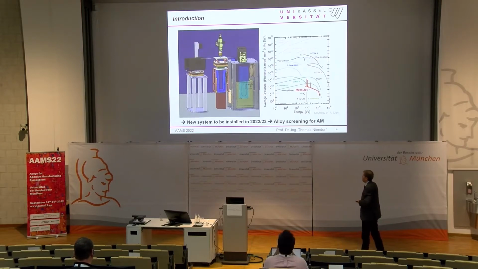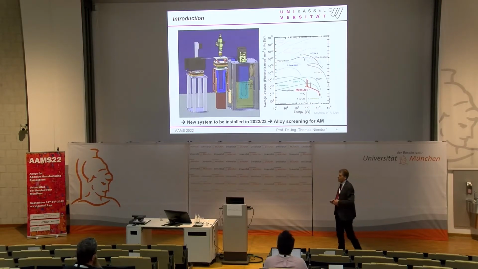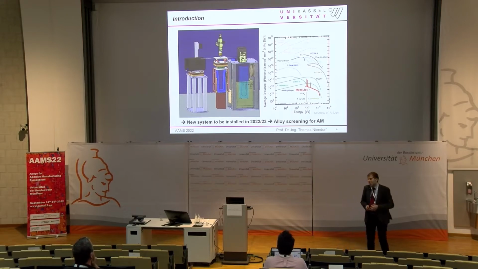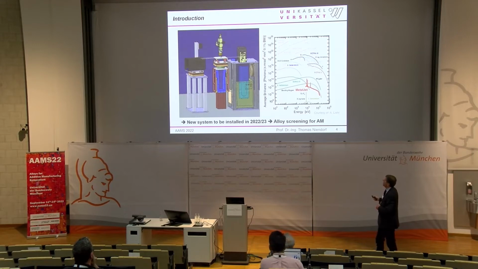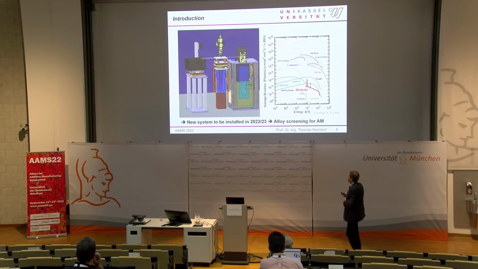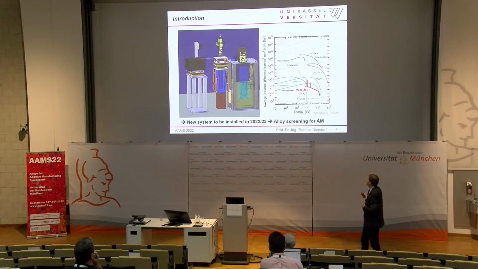In future this will be added to the system, it's in installation right now. This will be kind of unique in the world. It's a DED system we obtained, using up to 7 different powders, wires as well, and we equip this with a liquid metal X-ray source, having a quite nice beam profile, as is highlighted here by the red curve. In comparison to some older synchrotrons, we almost meet the properties of a 2nd generation synchrotron.